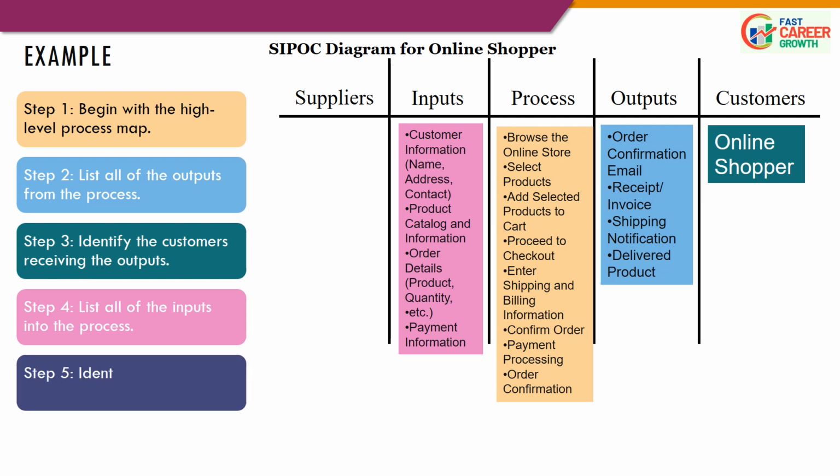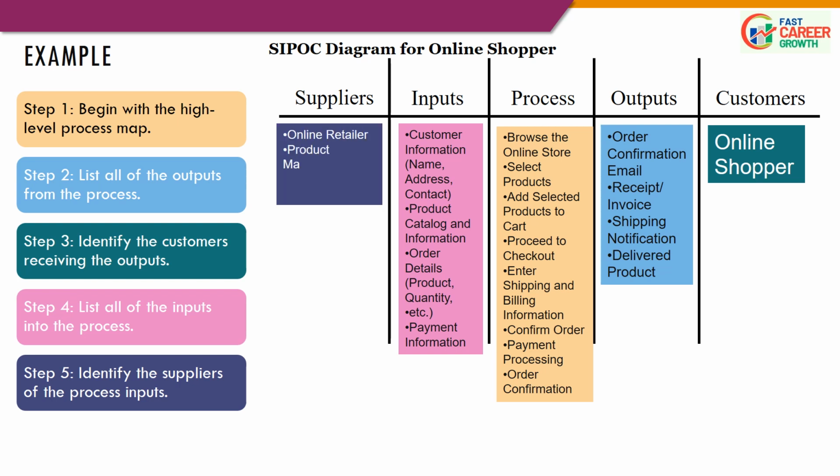Step 5. Identify the suppliers of the process inputs. Suppliers are the entities providing the raw material, such as online retailer, product manufacturers, shipping companies.